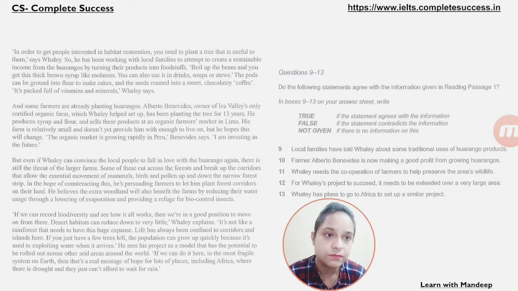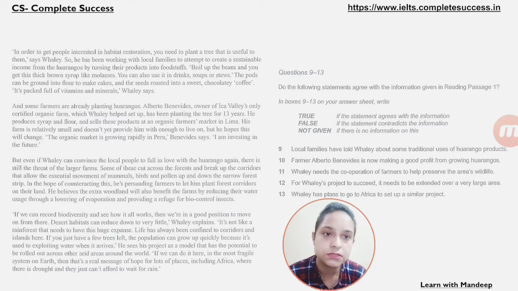He believes that extra woodland will benefit the farms. But there is no mention of the project succeeding. So the answer can't be true, but it can be false or not given. To make sure, we will need to look at the next part as well, so maybe the answer is given in the next paragraph.